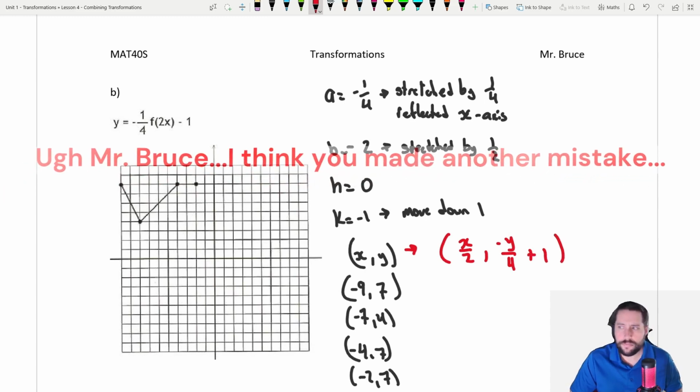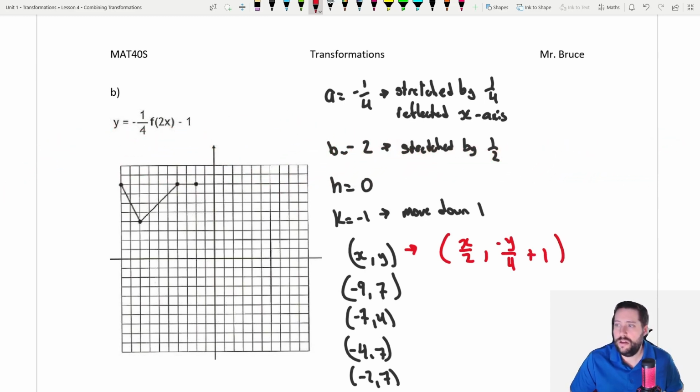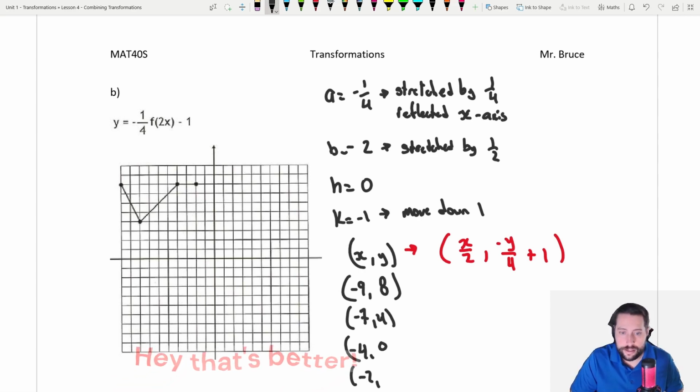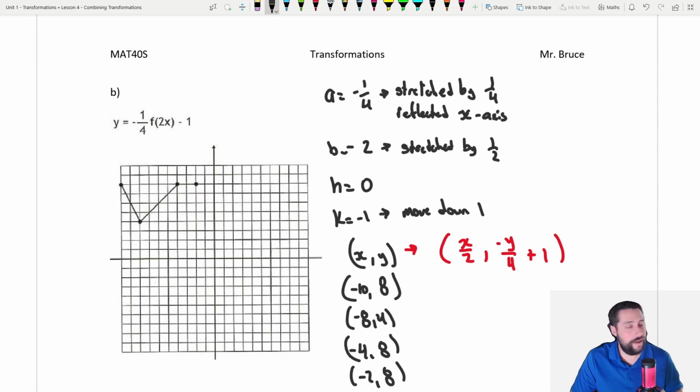Okay, so that's what it's going to be there. Oops, I need to change these all to 8. I think I need to change this too. This is supposed to be 10, which makes this 8. There we go.